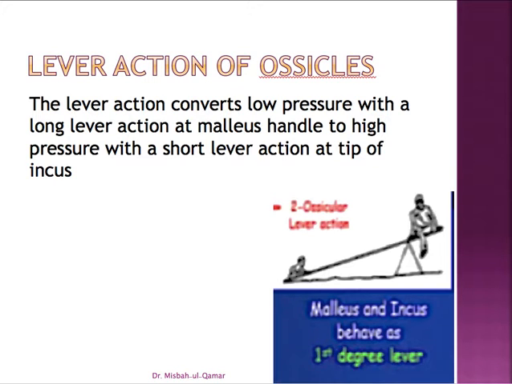So overall, this produces a lever action which converts the low pressure with a long lever arm at the malleus handle to a high pressure with a short lever arm at the tip of the long process of the incus. So the lever action converts the low pressure to a high pressure.